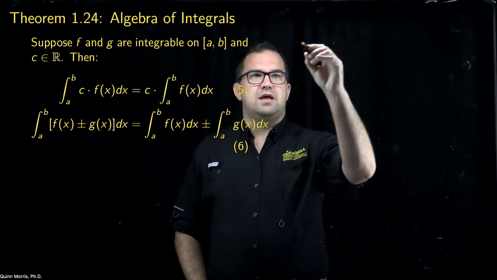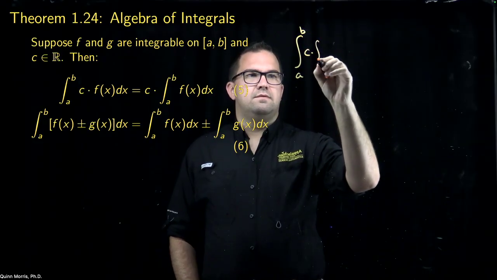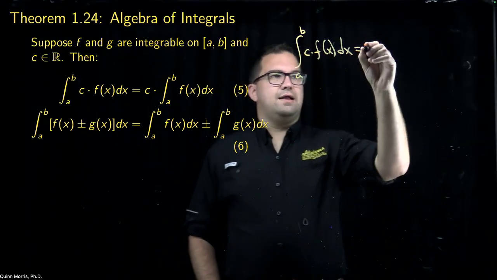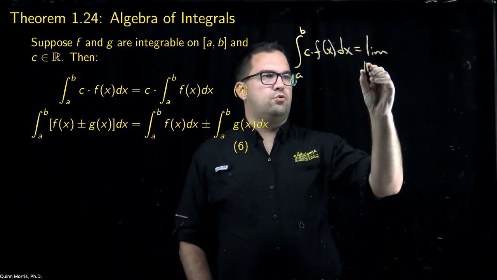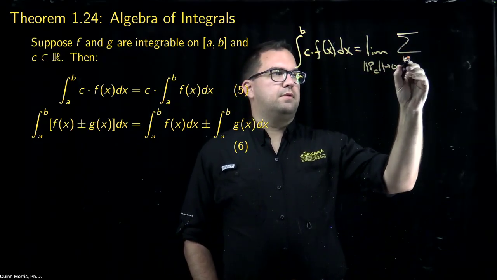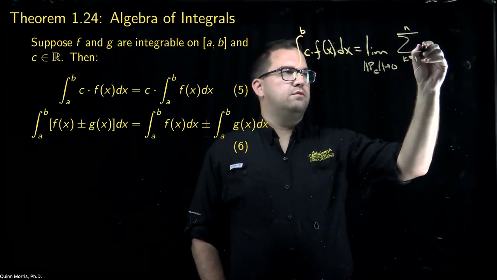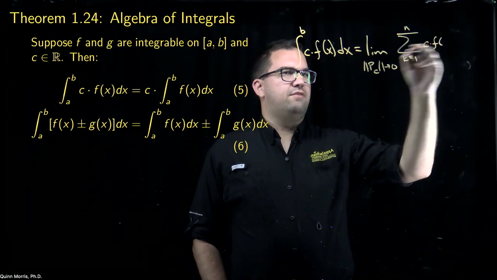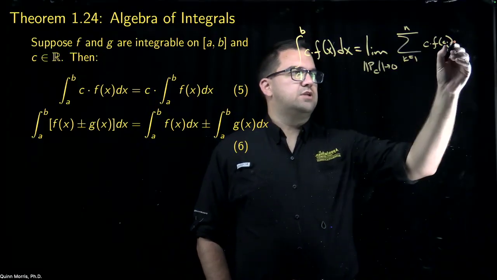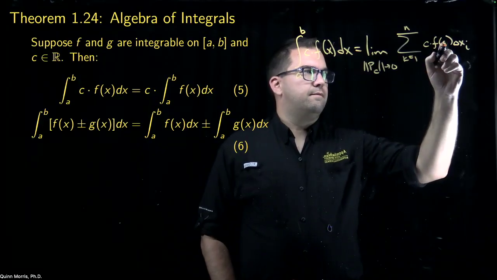This is not a full proof, but if I think about what this is, it's defined to be the limit as the norm of partitions goes to 0 of the sum from k equals 1 to n of my function, which is c times f of x evaluated at my partition values, times delta x, sorry, these should be k's.